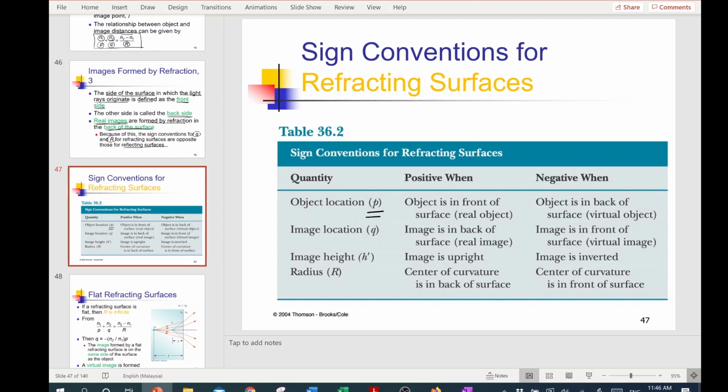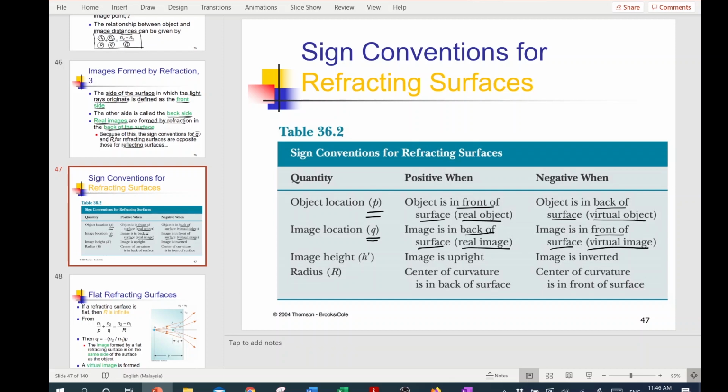If the object is at the front of the surface, it will be a real object. If the object is at the back of the surface, it will be a virtual object. And the image location q, if it is at the back of the surface, will be a real image. However, if it is at the front of the surface, it will be a virtual image.